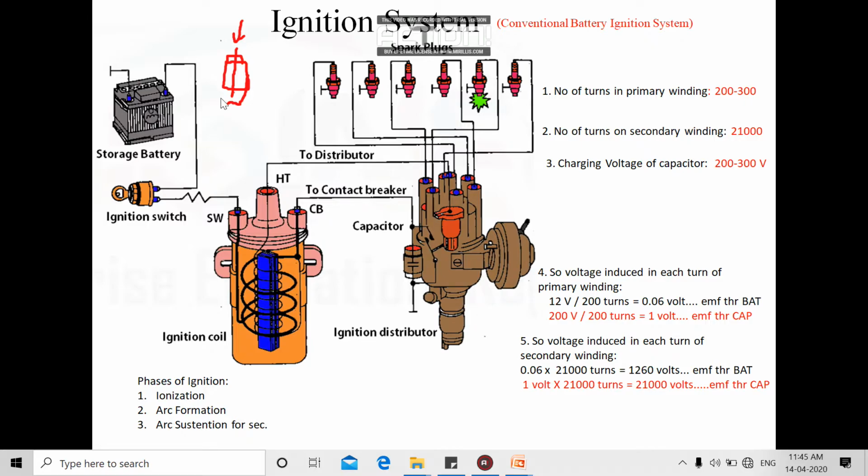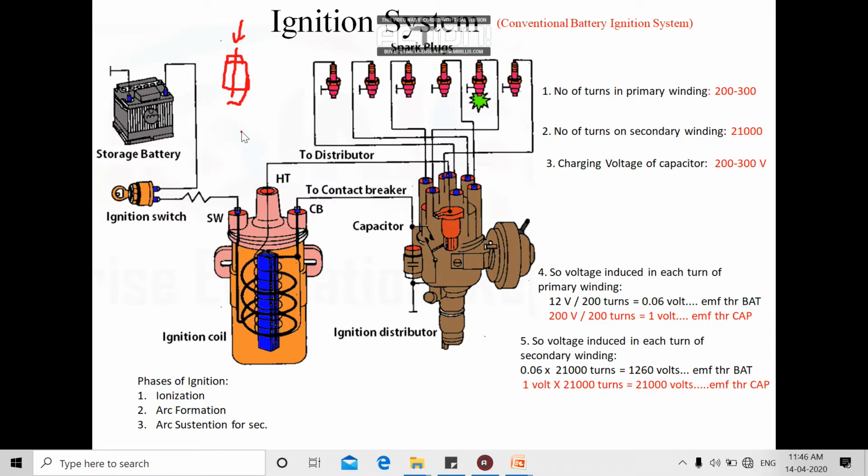They come in between the two electrodes and move on within the next millisecond. So we have to charge the passing molecules in the electrode gap and make them ready to transfer the charge at that speed. For that purpose we require a very high voltage for ionization. That's why we require 21,000 volts inside the combustion chamber to make ionization.